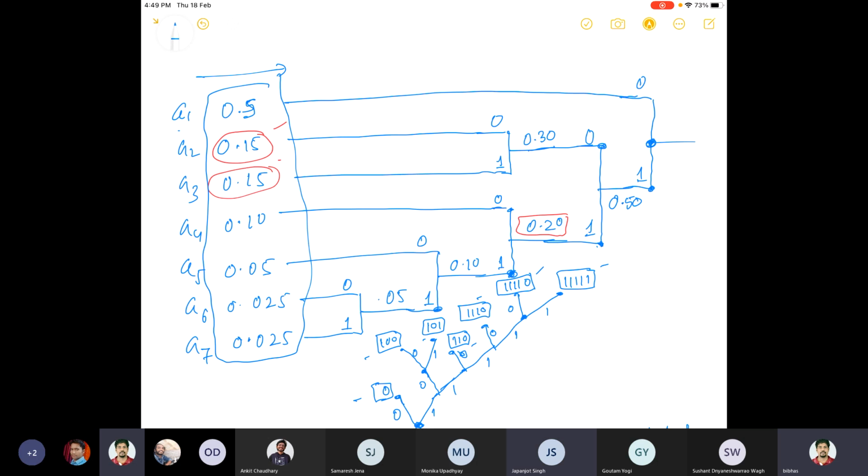And if you have a very large number of source letters, for example, you consider English. You have only 26 alphabets, then capital and small, so 26 plus 26 is 52, and there are so many symbols like comma, full stop, and so on. So you have a very big set of source letters, and now you want to code it.